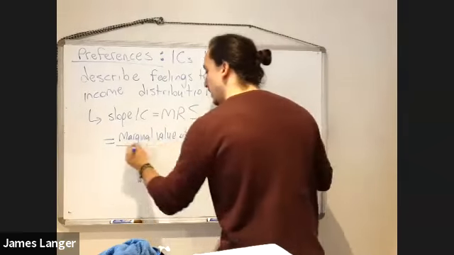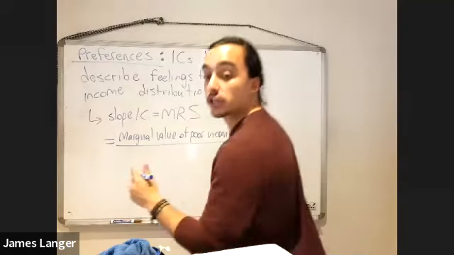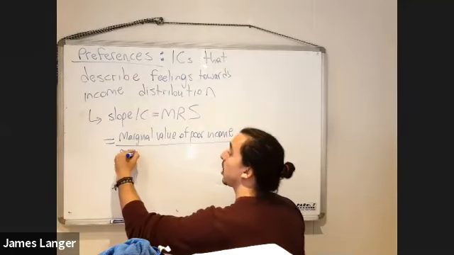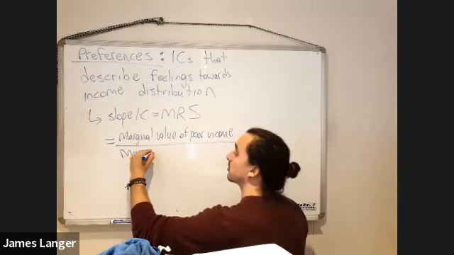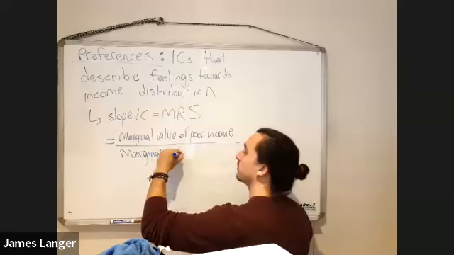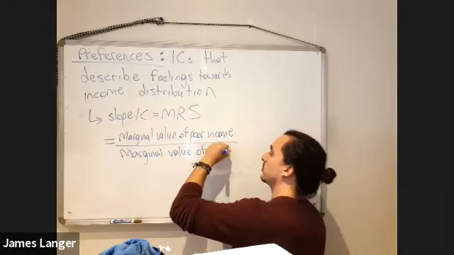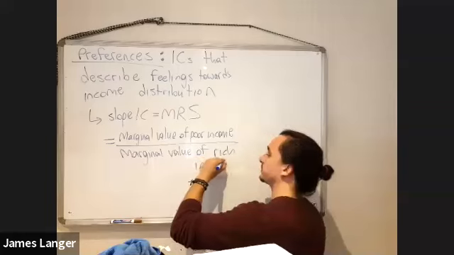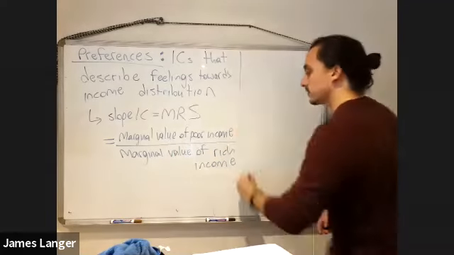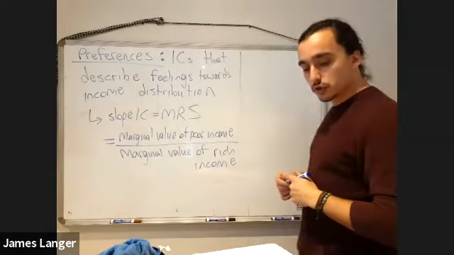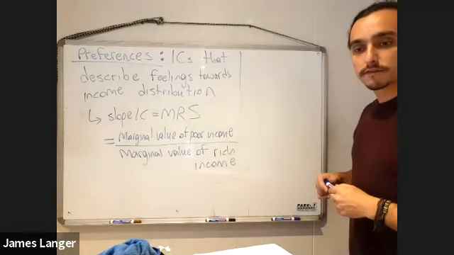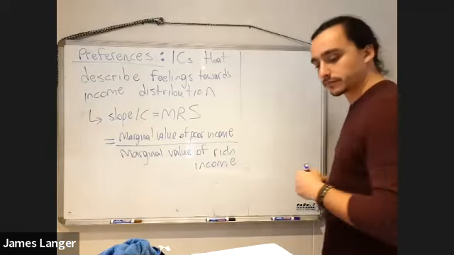So how much do I value a little bit extra poor income over the marginal value of rich income? Okay, so we're going to draw a few indifference curves now.